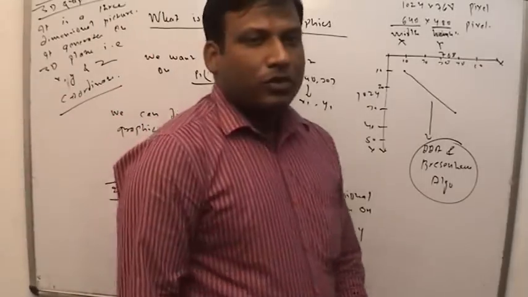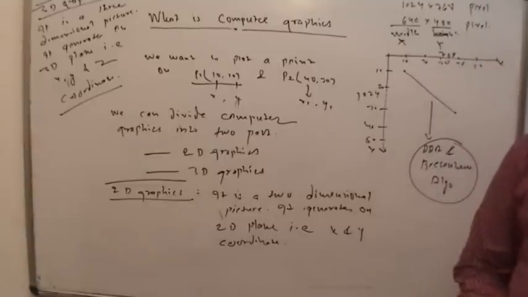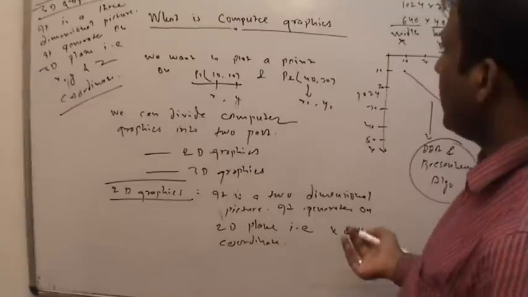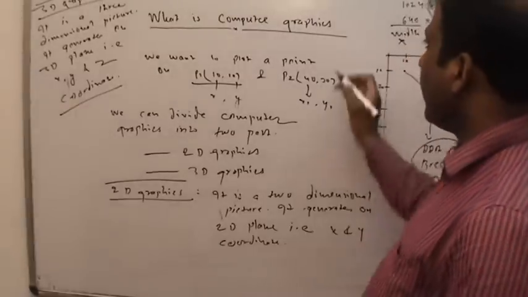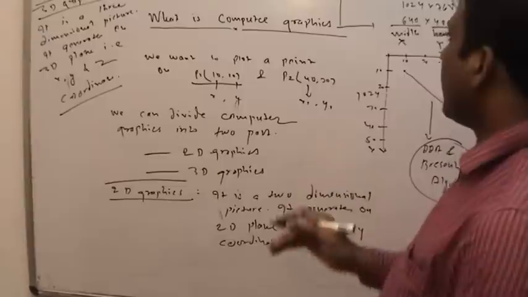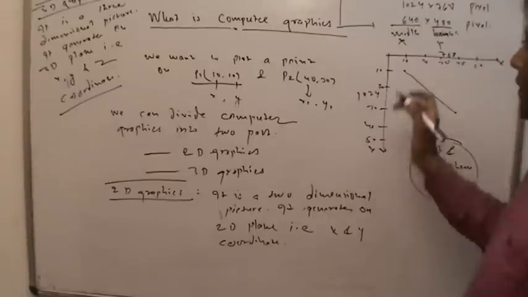This is the basic difference between 2D and 3D graphics. In 2D graphics there are only two axes, the X coordinate and the Y coordinate. A computer screen is a 2D plane, so on the screen we can see a 2D picture at a time, with the X coordinate and Y coordinate.